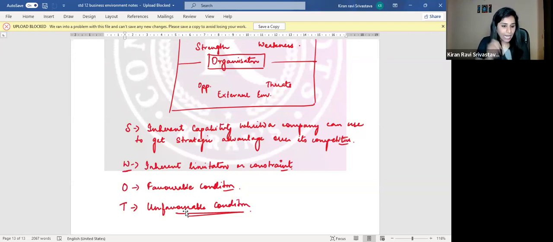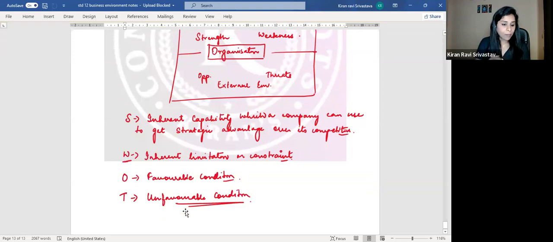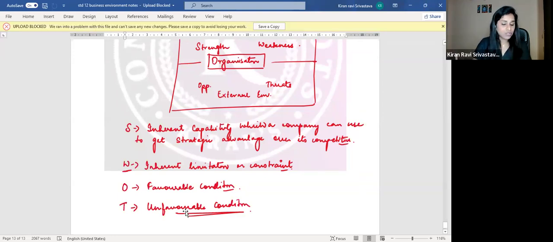If they do not tap into the opportunity of selling their products through Zomato and Swiggy, then that weakness will become a threat because they will lose the market. But if they deliver food online because people are not able to come out of their houses, that will turn into an opportunity for them. So the unfavorable condition has to be converted into a favorable condition by taking certain steps.